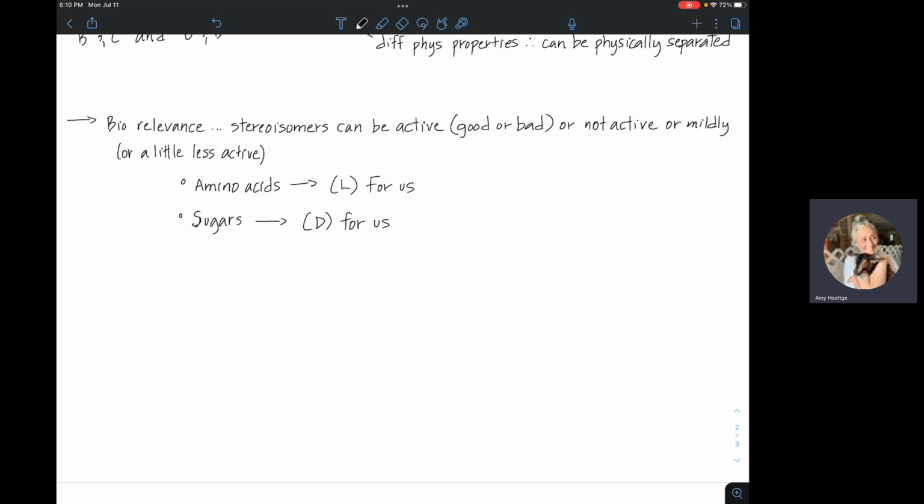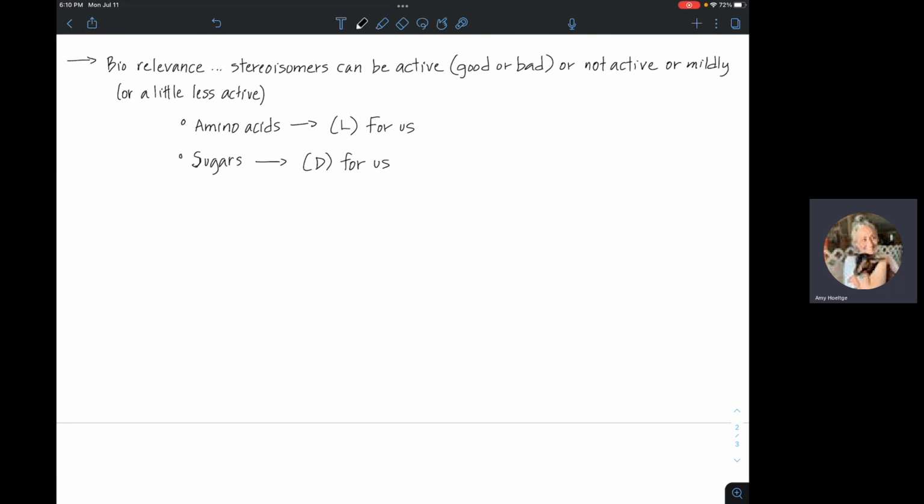How do you separate these things? Why would one isomer be more expensive than the other? Because they had to resolve the enantiomers. That's not free. Somebody had to do it, and it took reagents. So let's talk just a little bit about separating or resolving enantiomers.